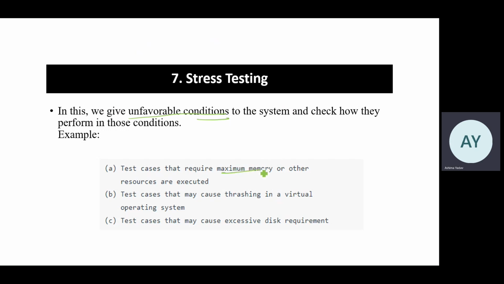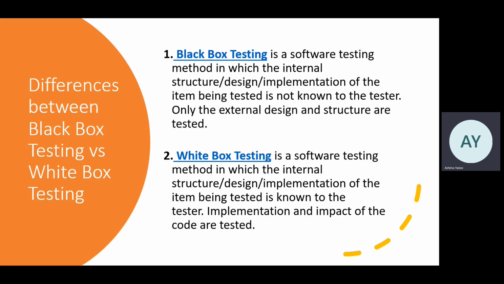Maybe maximum memory is getting utilized, maybe there's thrashing, maybe excessive disk requirement it is asking for. Under various unfavorable conditions, you check how your software is working. That is an example of stress testing. You are giving a lot of stress to your piece of code, and you are seeing how it reacts to that stress.